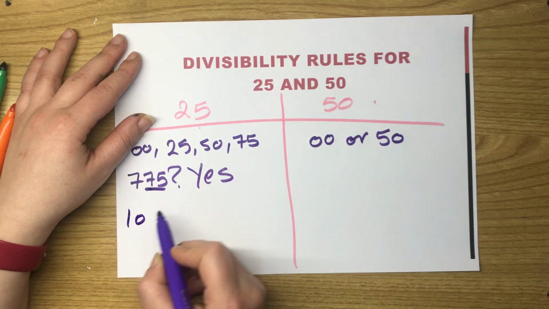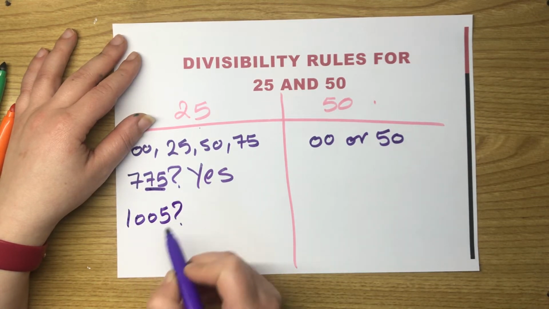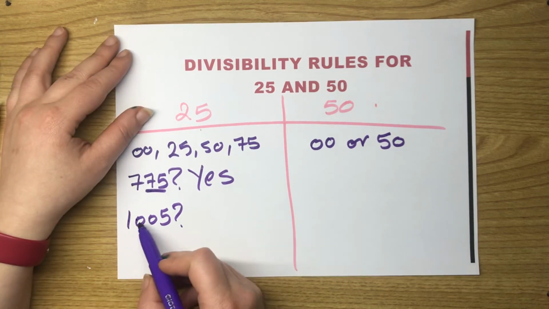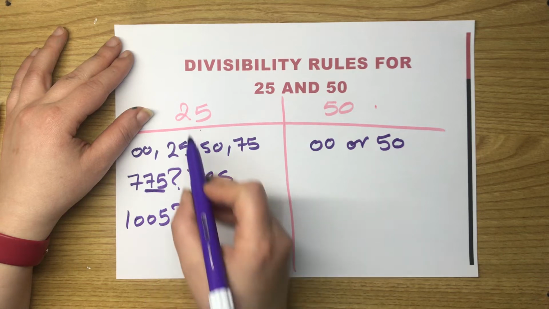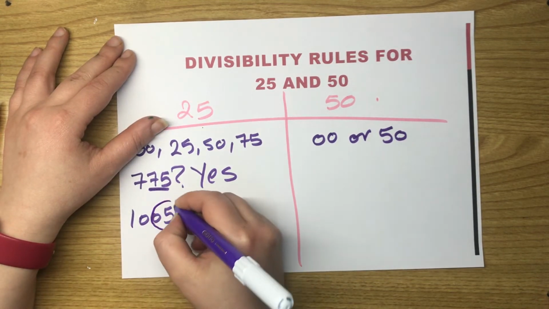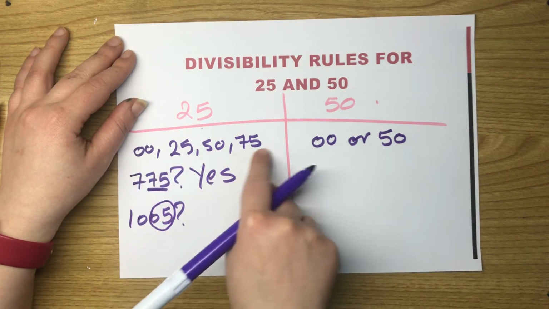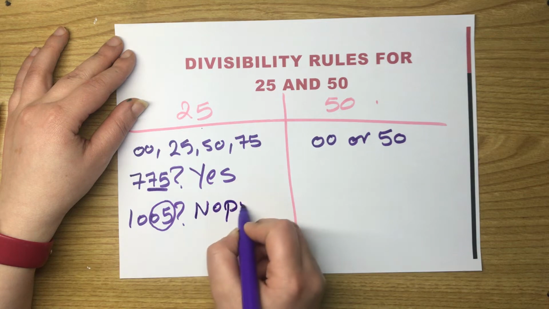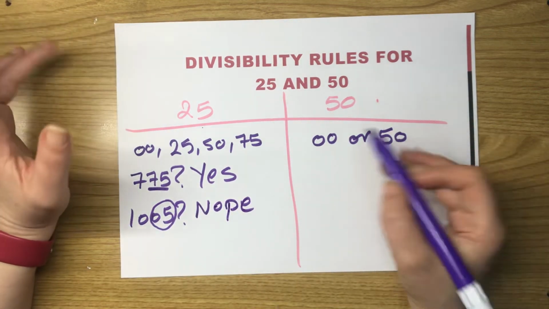Is 1,005 divisible by 25? Nope, because the last 2 digits are 05, not one of these 4 options.